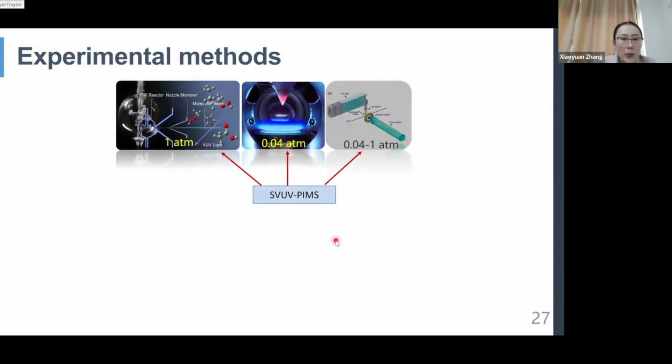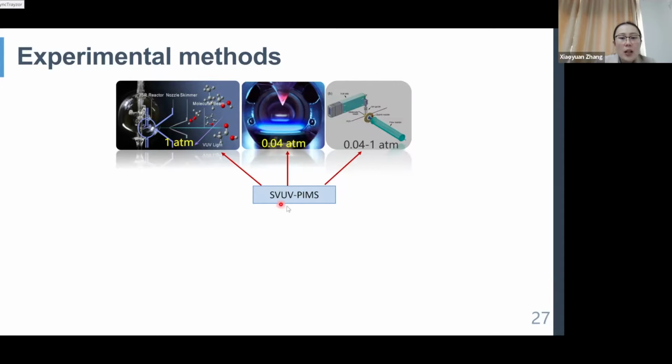For experimental methods, we adopted various experimental methods. First of all is the synchrotron-based VUV photoionization mass spectrometry. We use this diagnostic method to detect the speciation data measured in an atmospheric JSR, a premixed flame, and flow reactor experiments at various pressures.